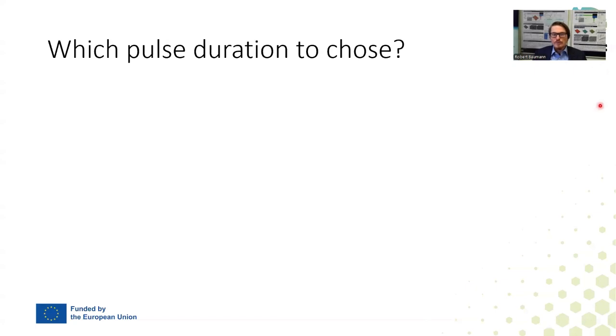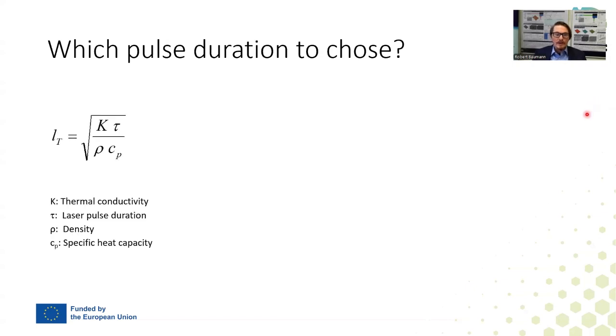And of course, to choose what kind of pulse duration is acceptable for your case, you can calculate it over the linear thermal diffusion length with this little formula here. So here you can calculate the length of how much the material or the heat will conduct into the material. It depends mostly on the heat conductivity of the material that you want to use and the laser pulse duration.